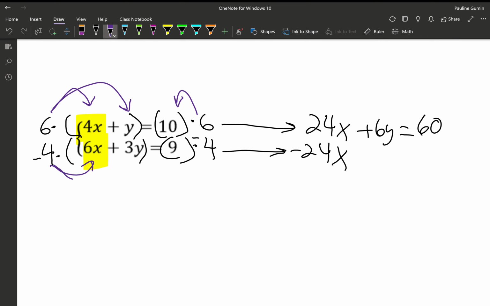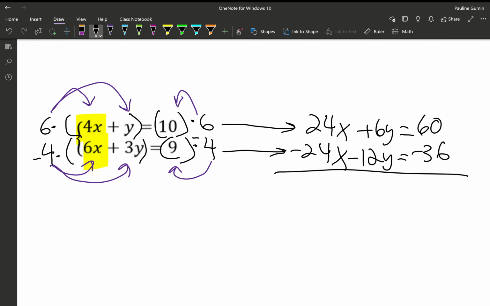Good. Negative 4 times 3y is negative 12y. And negative 4 times 9 is negative 36. We made our x's opposite. So this multiplying bottom by top and top by bottom will always work. All right, let's continue.